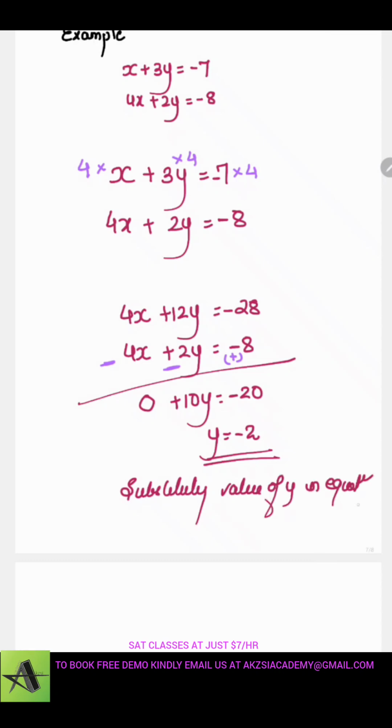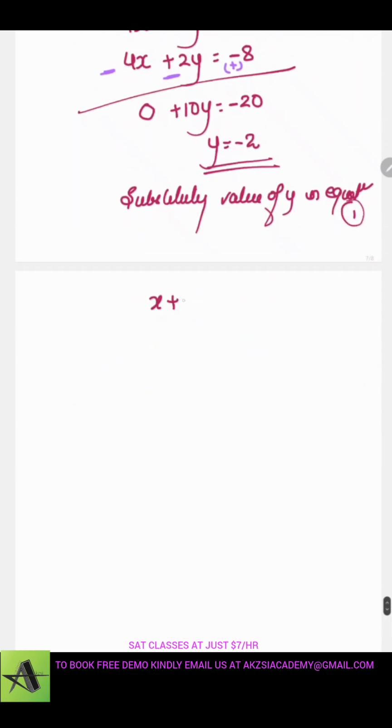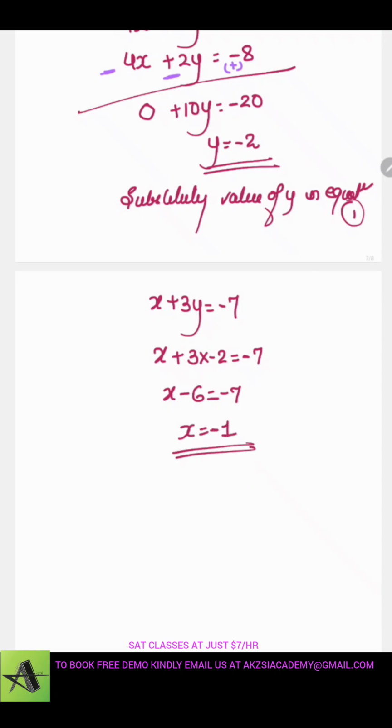I can pick equation 2 as well. So x plus 3y equals -7. y is -2, so x plus 3 into -2 is -7. x minus 6 is -7, and x equals -1. So we got the answer: x is -1 and y is -2.